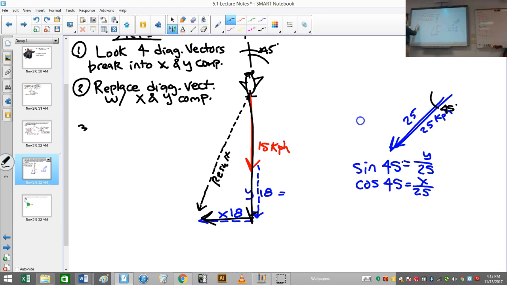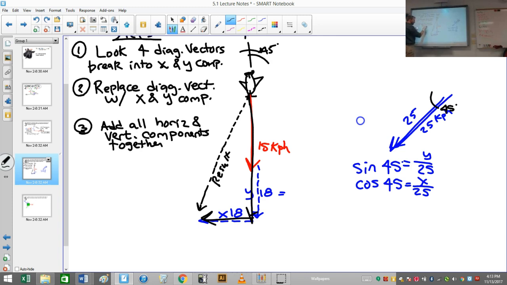Brings me to step 3. Add all horizontal and vertical components together. So I'm going to do it up here. This is step 3. And I do it with a really engineering, math-speaky type thing. I say add up all the forces.